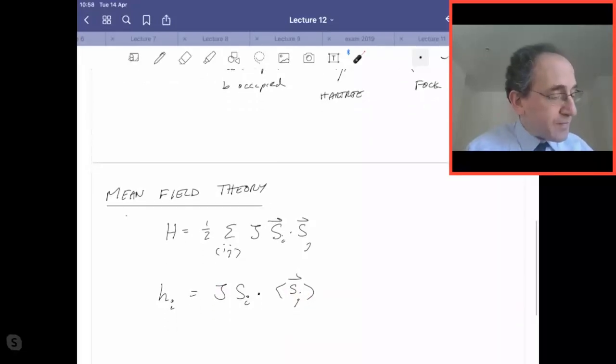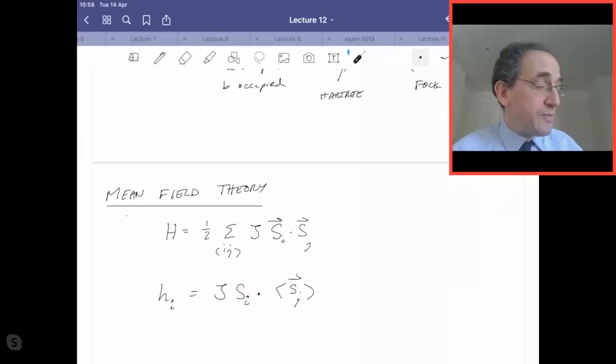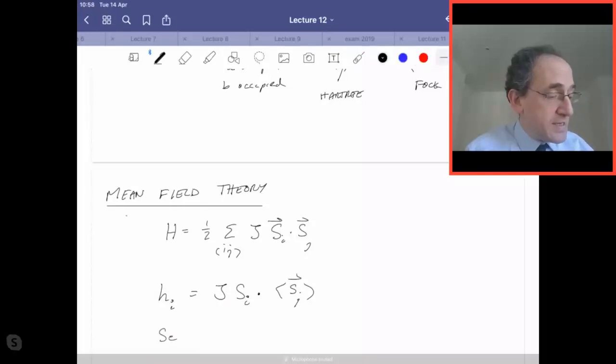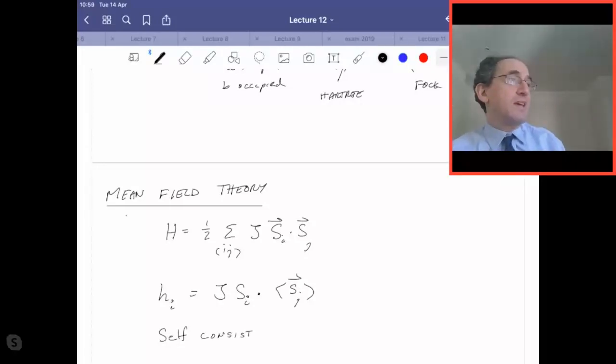So we just have a single site problem, and we know how to calculate the properties of a single spin, potentially in a magnetic field. Here, the S average is acting as an effective magnetic field. So we've calculated its properties, and then the last step of mean field theory is the self-consistency step, sometimes called self-consist, as if it was a verb.